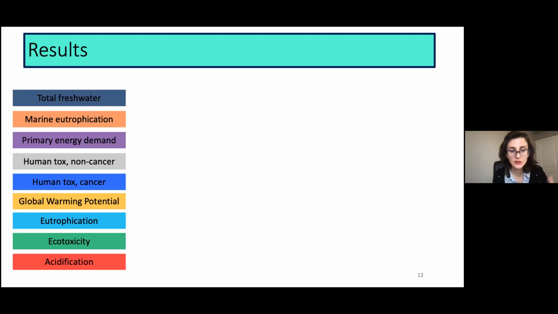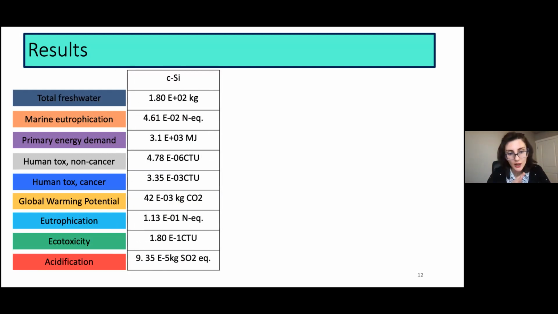So for this study, to understand our results better, we first apply all of these assessments for the market dominant PV technology, which was the crystalline silicon that I mentioned from the earlier slides. So we calculated all of these different environmental impact categories for crystalline silicon.